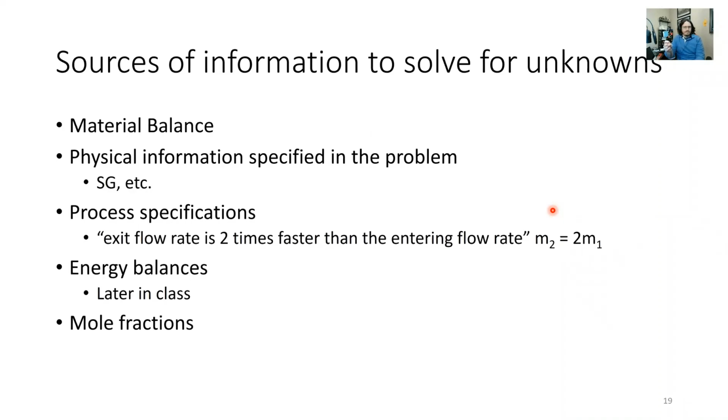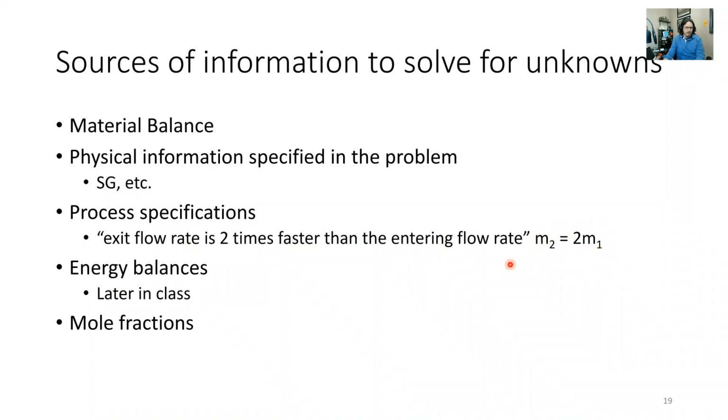And so the source of information to solve for the unknowns is pretty much our material balance. Okay, the physical information specified in the problem, so specific gravity, process specifications. So the exit flow rate is 2 times faster than the entering flow rate. So you could make an equation to solve for M2 just by saying M2 equals 2 times M1.